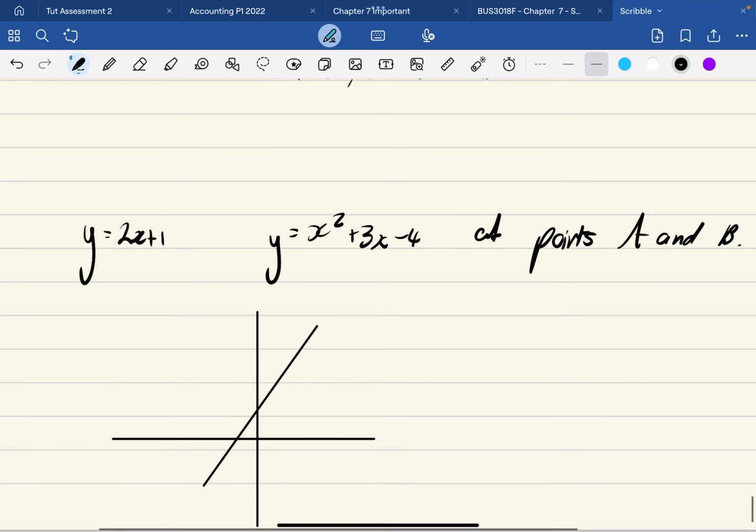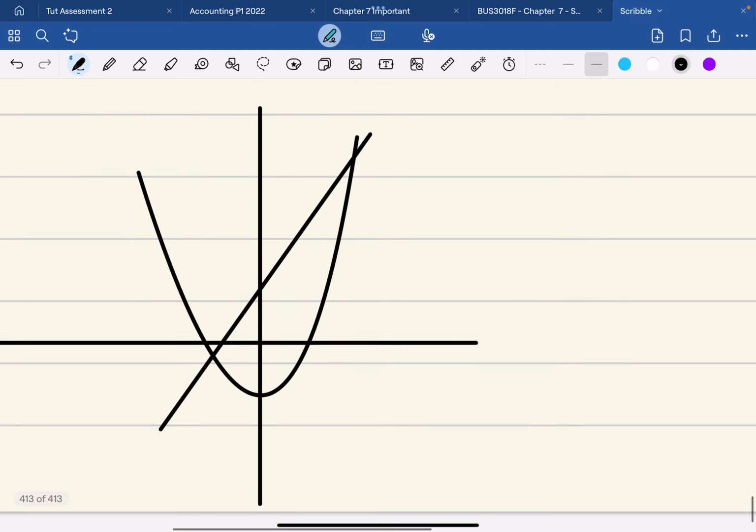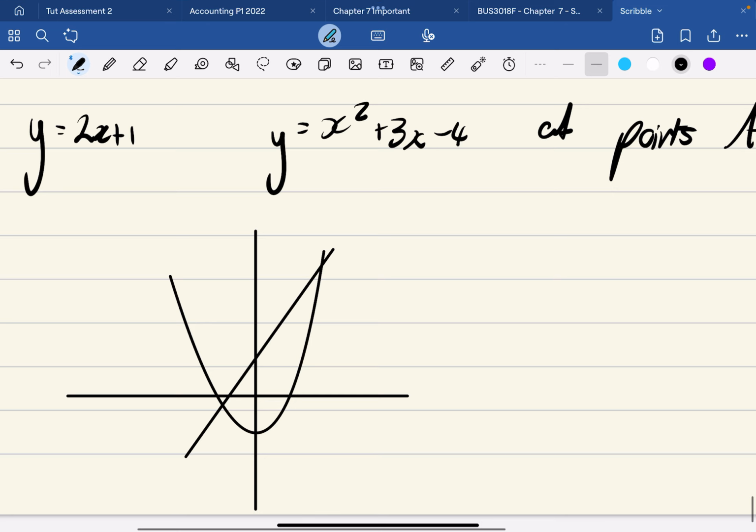Then y equals x squared plus 3x minus 4 looks something like that. Okay, so they intersect at 2 points. Intersecting means they touch, they cross each other. So it's here and here they intersect, at points A and B.